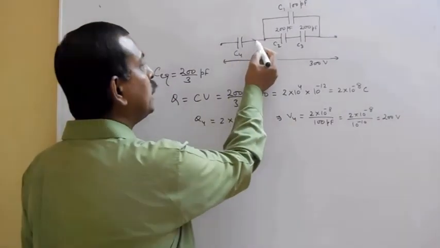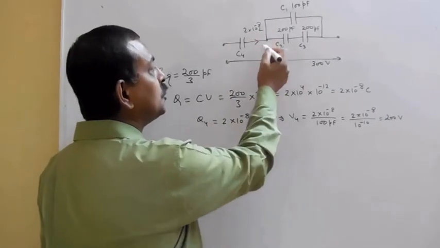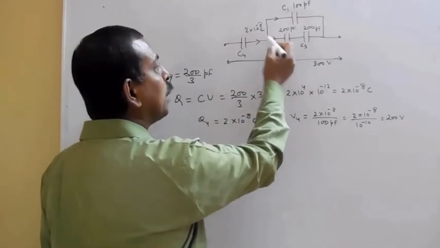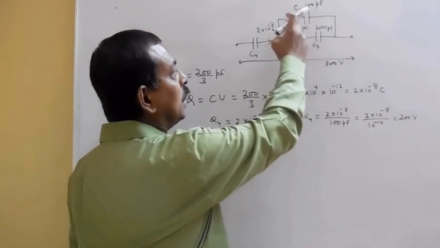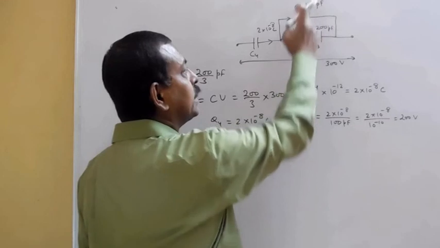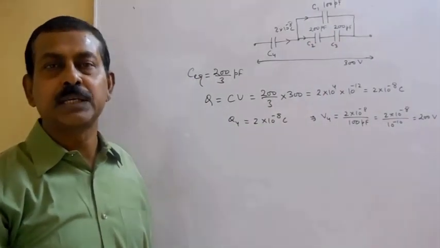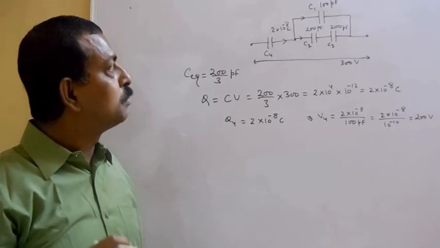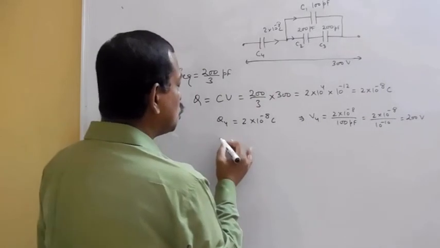Now, 2 into 10 to the power minus 8 coulomb is reaching here, and it has two branches to flow. Both have the same value of capacitance: this 100, and 200 in series is also giving an equivalent capacitance of 100 picofarad. So obviously the charge will get equally divided.